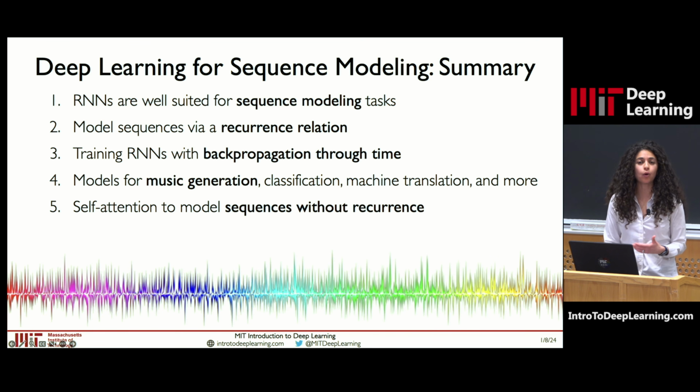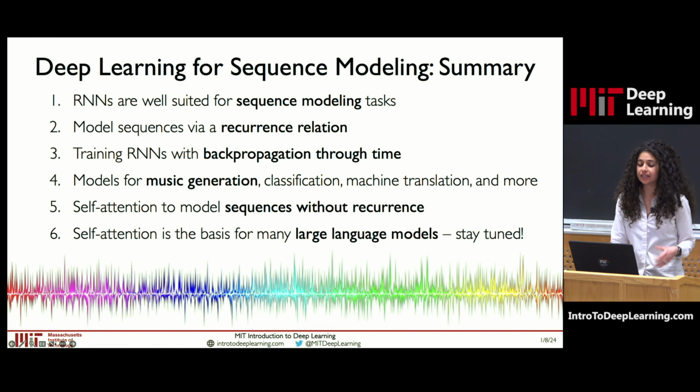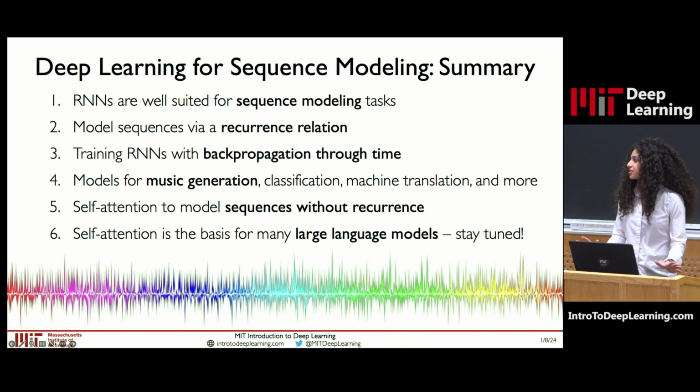We saw how we can go beyond recurrence to actually learn self-attention mechanisms to model sequences without having to go time step by time step. And finally, how self-attention can form the basis for very powerful, very large architectures like large language models. So that concludes the lecture portion for today.